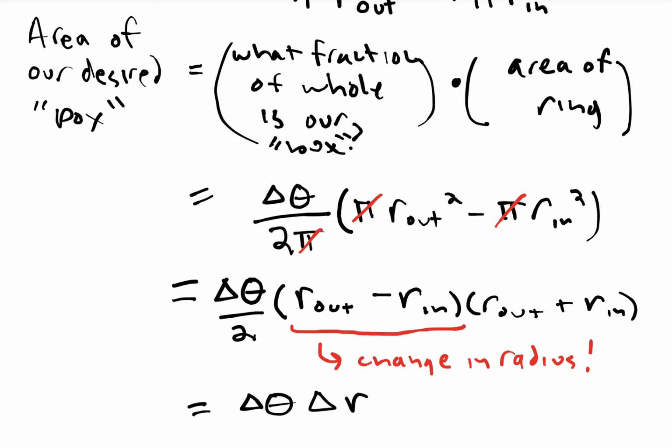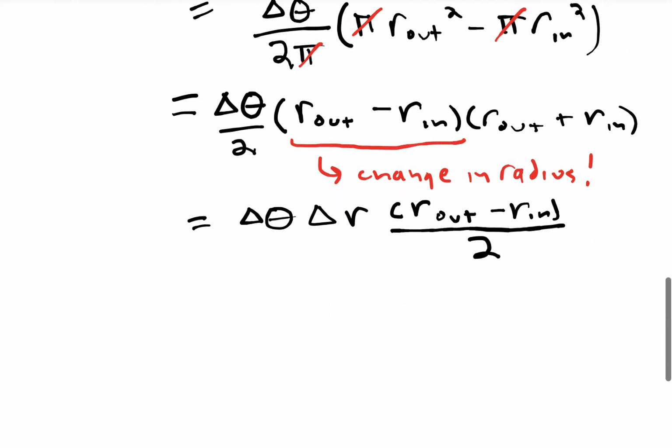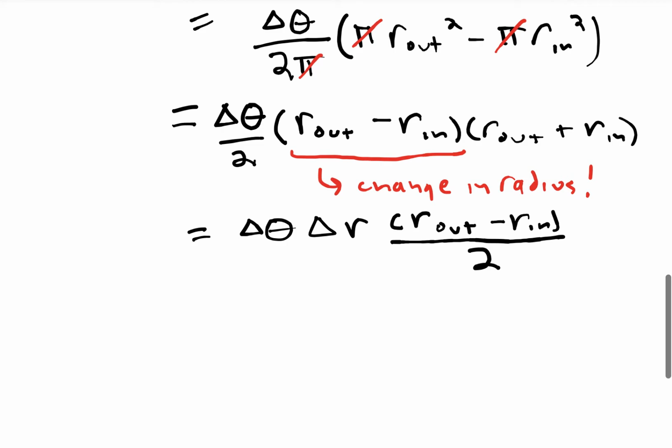Now what this is going to leave me, and I'm going to shift some stuff around here, is I've still got this r out minus r in, and I haven't forgotten the fact that I was dividing by 2. Okay, that is still necessary here. I've still got this r out plus r in divided by 2.